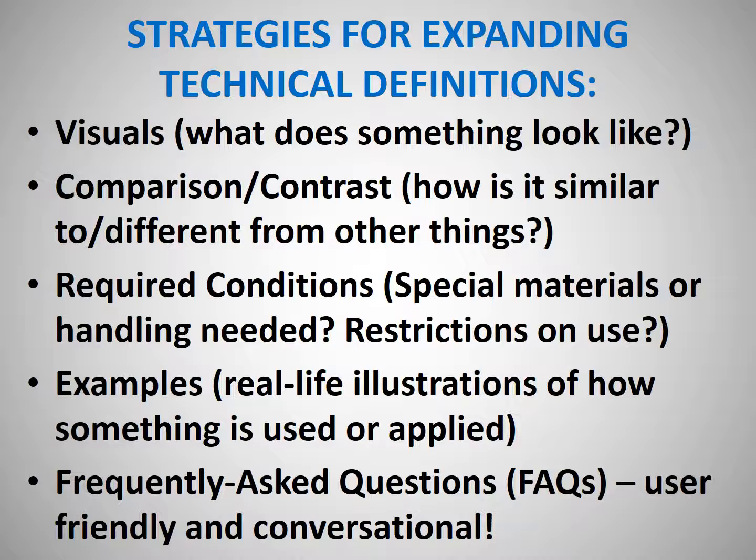So, if we go back to our example about diabetes, and we said diabetes is a member of a group of metabolic diseases, but is caused by specific issues, then to further explain that, we could talk about how diabetes is similar to other diseases in its class, but is also different from them. You could just use a good comparison contrast strategy.